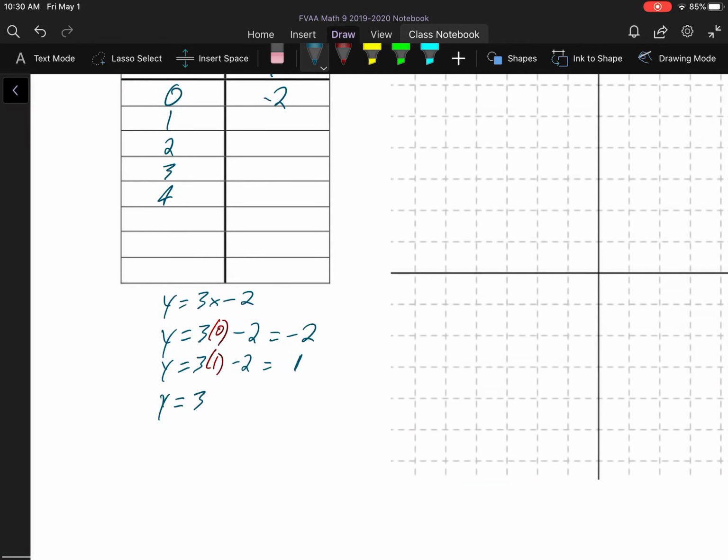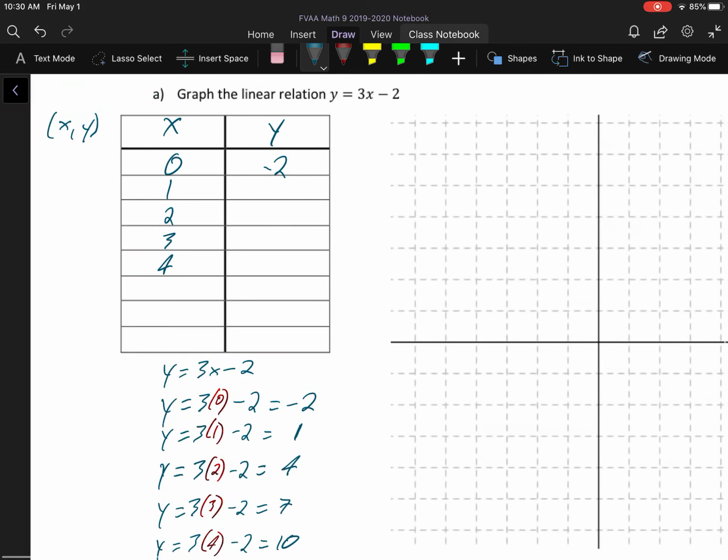Y is equal to 3 times 2 minus 2 is equal to, what is that, 4? Y is equal to 3 times 3 minus 2 is equal to 7. And last one, 3 times 4 minus 2 is equal to 10.